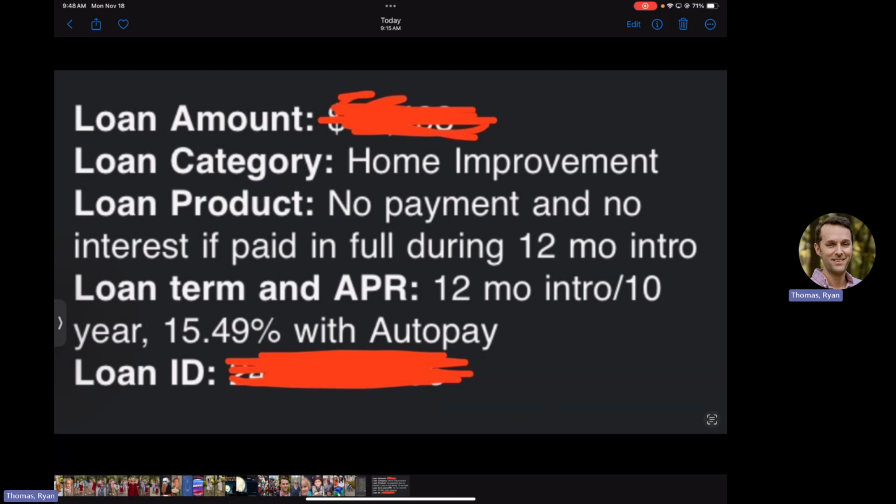Car loans, you can usually get 5, 3, maybe if you have good credit. 15%. And hey, here's a fun fact about this 12-month no interest thing. If you don't have the balance paid off on day 366, they charge you back interest on that year that's already happened. Read the fine print, right?